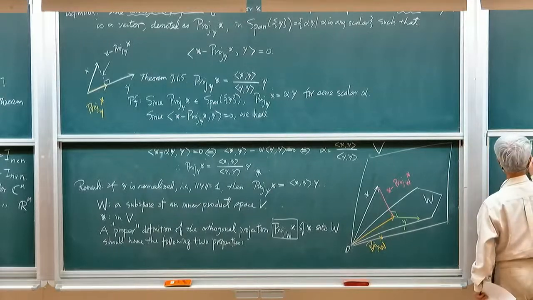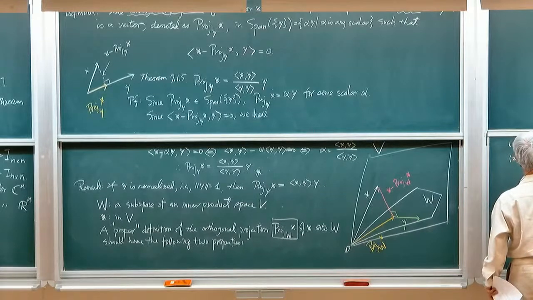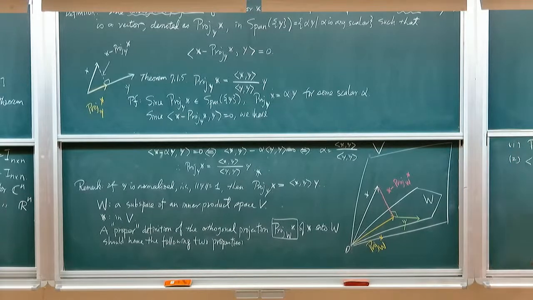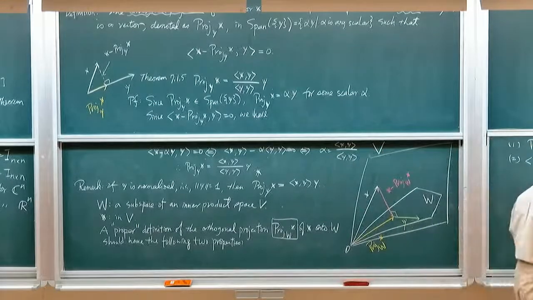The second is that the difference of X and its orthogonal projection should be orthogonal to every vector Y in the subspace. All right, so this should be a proper definition for that.